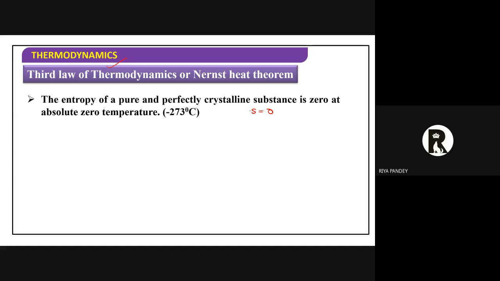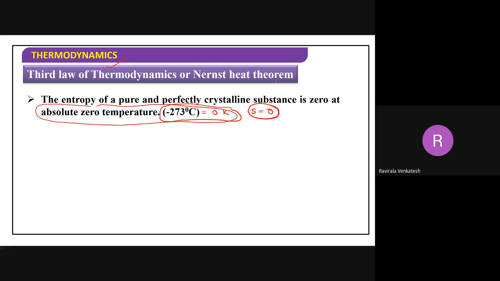So 0 Kelvin, which is minus 273 degrees Celsius. Very good, beta. Minus 273 degrees Celsius, or 0 Kelvin, is called absolute 0 temperature. At this temperature, the entropy of any substance in crystalline, solid form will always be 0 only. It will not have any entropy.